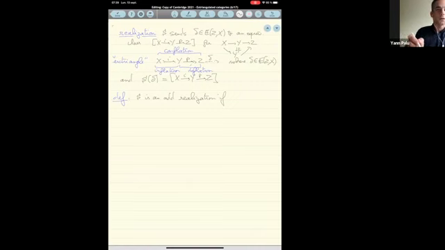If it satisfies 3 axioms. So the first one is that morphisms of extensions should induce morphisms of X triangles.